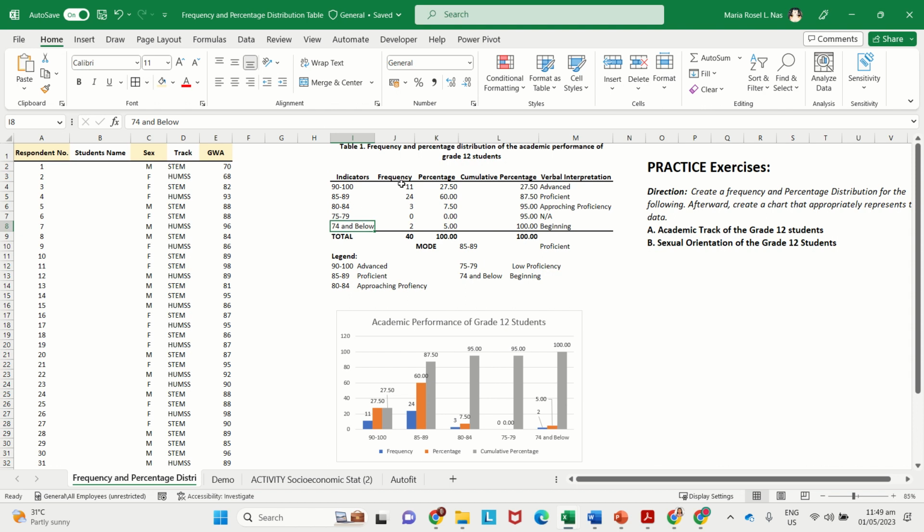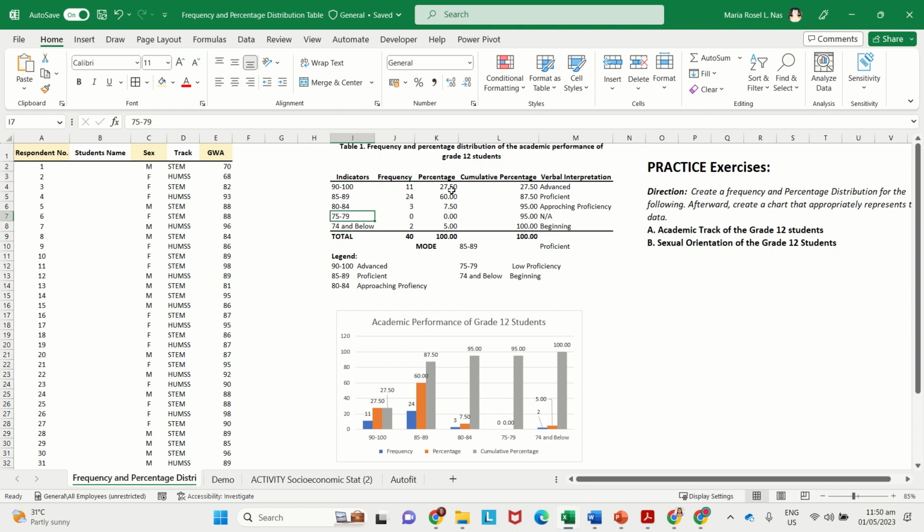First, we would like to count the frequency of the students, or how many of the respondents have grades that is equal to or greater than 90 but less than or equal to 100, and the same with the other indicators.